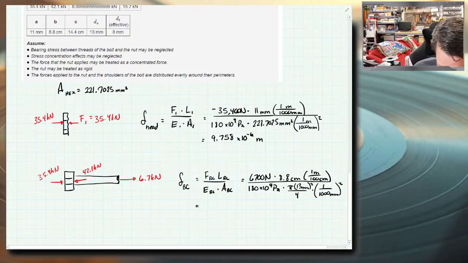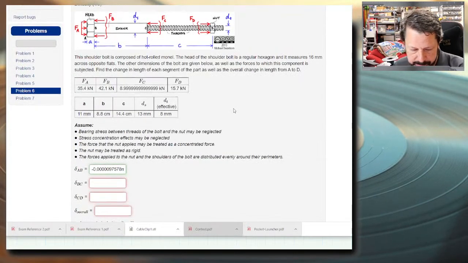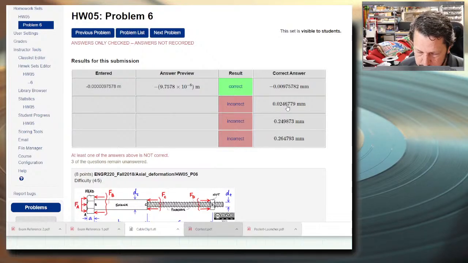Let's get a bigger number. Positive, remember that was negative. I didn't put a negative sign on there, but that should have been negative. 2.468 times 10 to the negative fifth meters. Let's just check and see if WebWork likes that number. 2.46779, that's what we have. So we do have that correct.